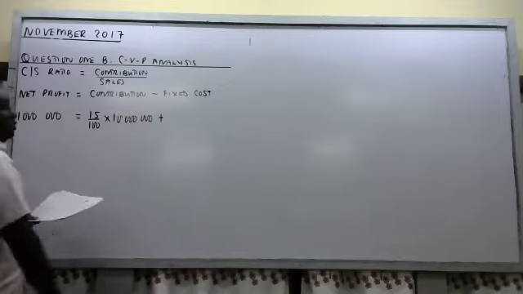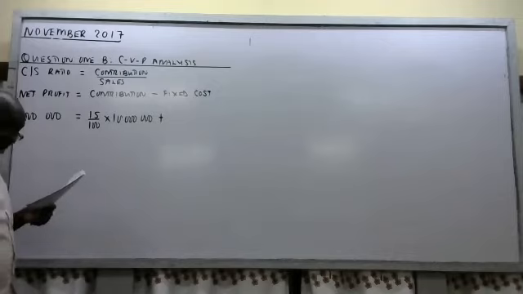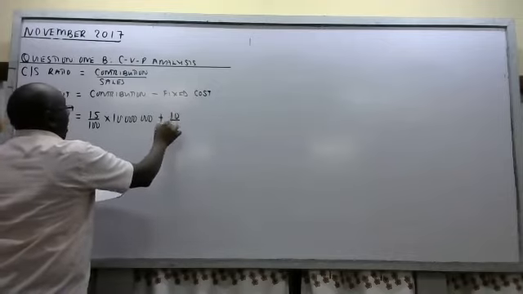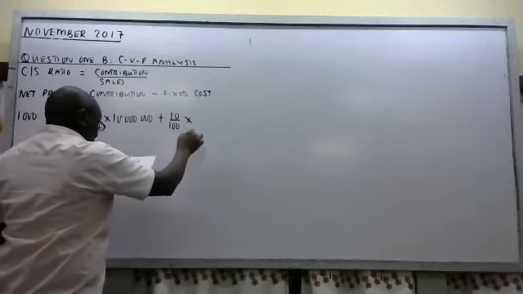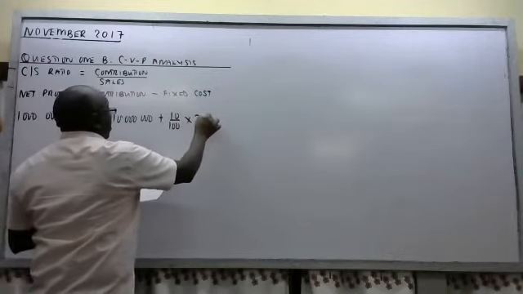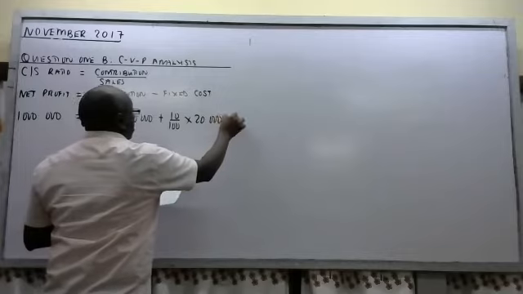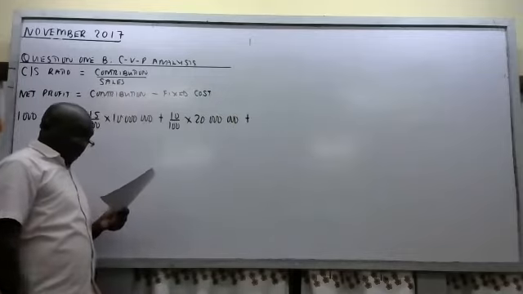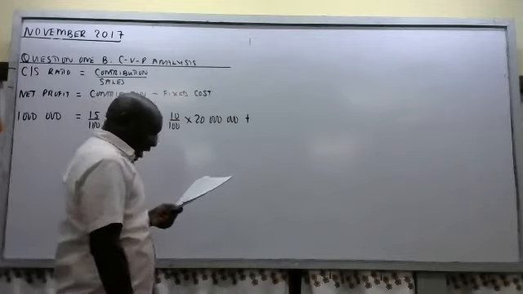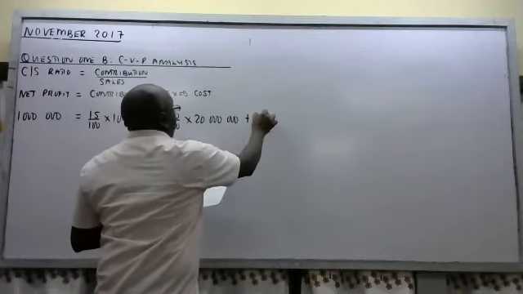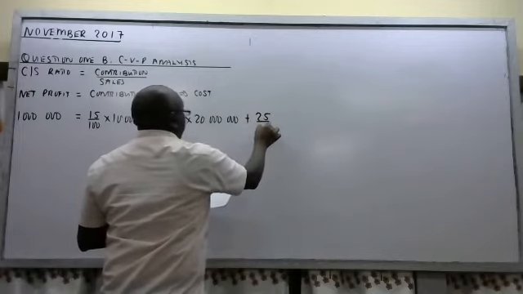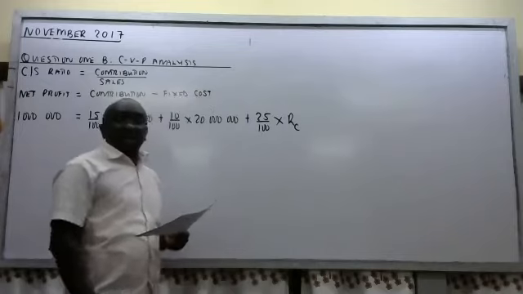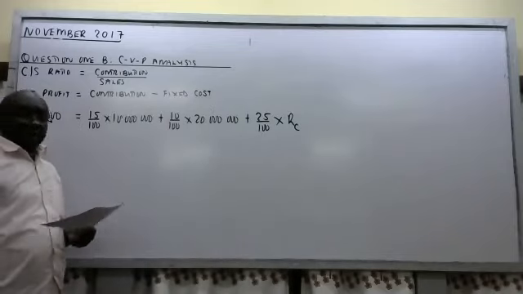That will be the contribution of A. Plus the contribution of B will be 10% of 20 million. Plus the contribution of C will be 25% of RC, whereby RC is the revenue of C.